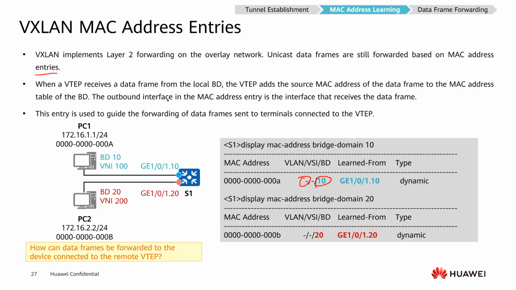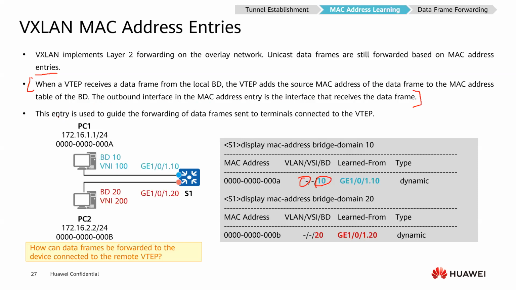And the outbound interface in the MAC address entry is the interface that receives the data frame. So you will find that this part is just like the working principle of the VLAN. Just change the VLAN to the BD, nothing changes.